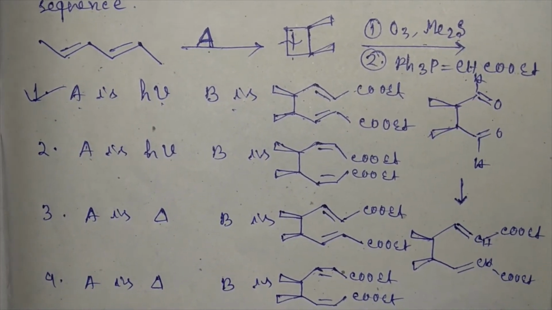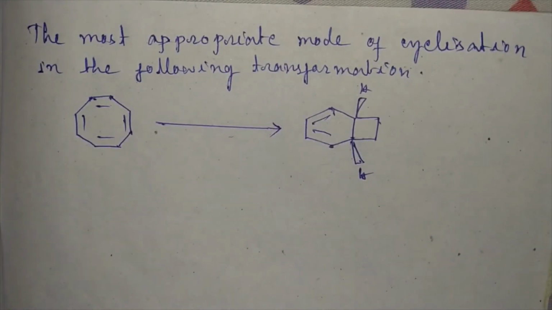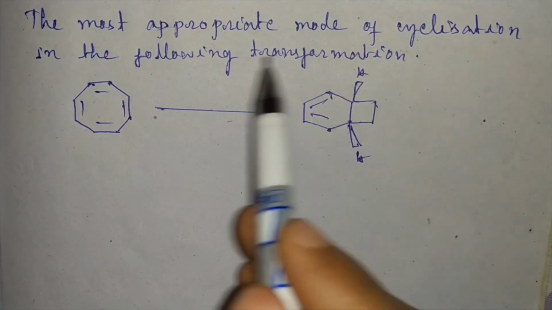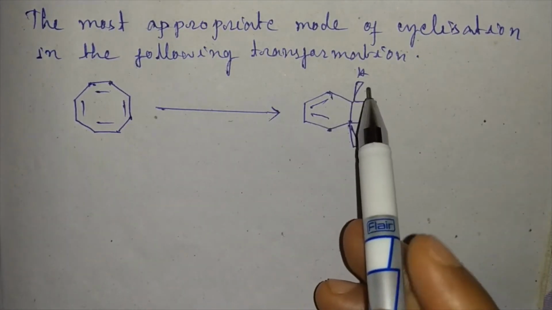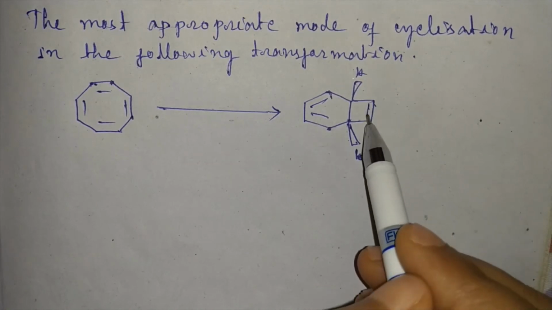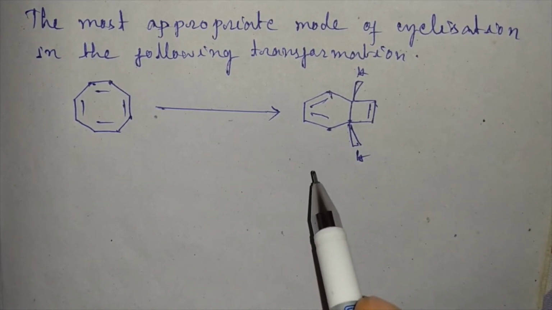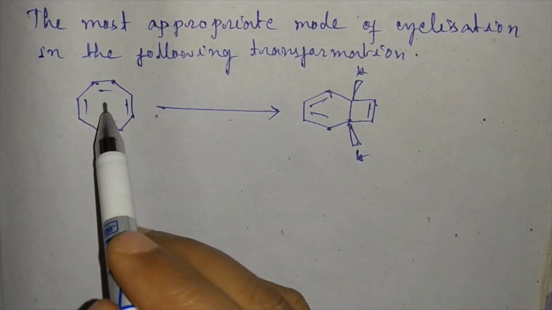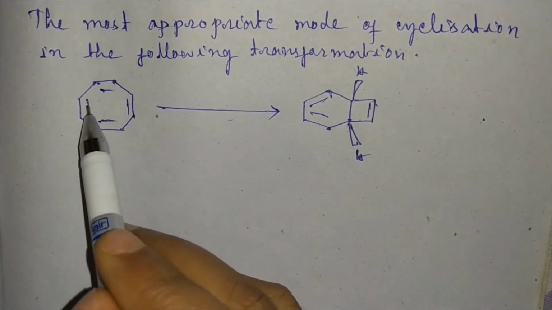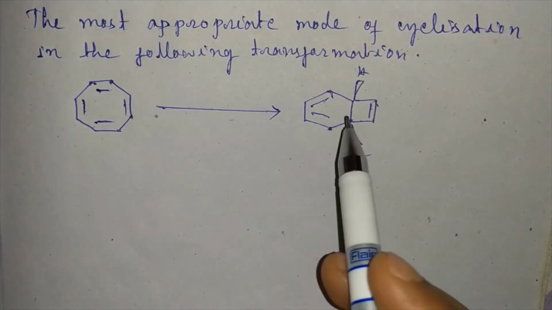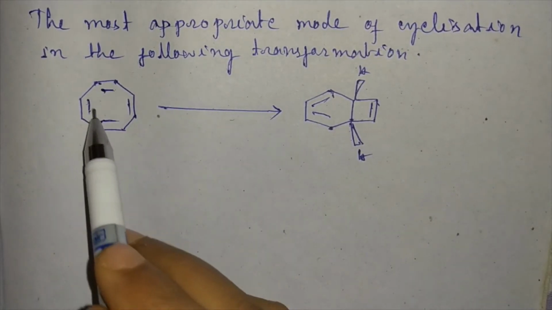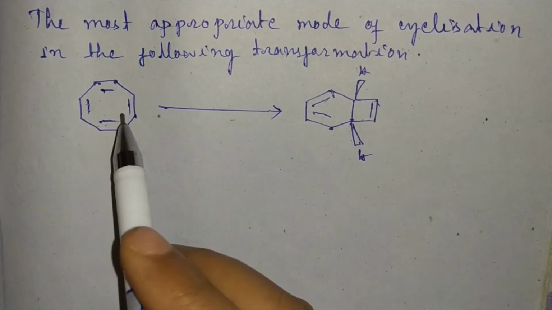And here is another question. The most appropriate mode of cyclization in the following transformation. So here you can see there will be a double bond. Here the electrocyclic ring closing reaction occurs with these 3 pi electrons.